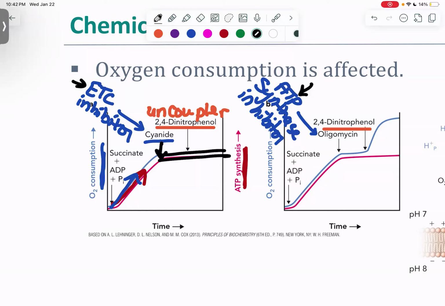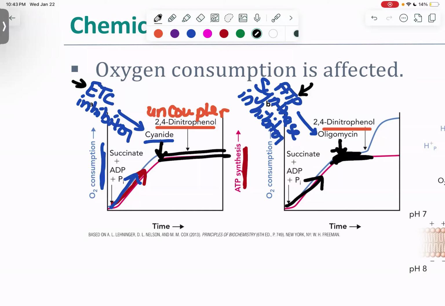I give my mitochondria what they need, so I see an increase in O2 consumption and an increase in ATP synthesis. As soon as I introduce oligomycin, ATP synthase stops. So that's where I see my leveling off of ATP synthesis, and I also see a leveling off of O2 consumption.